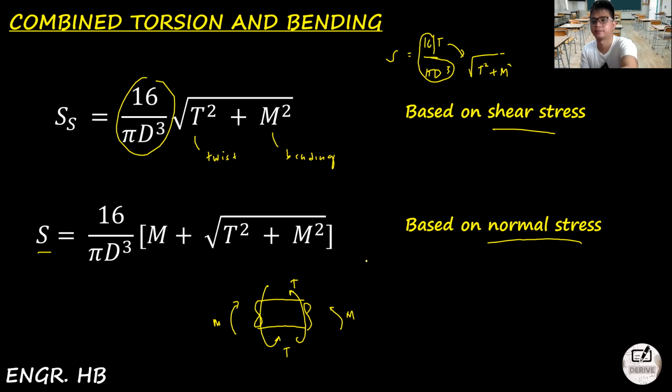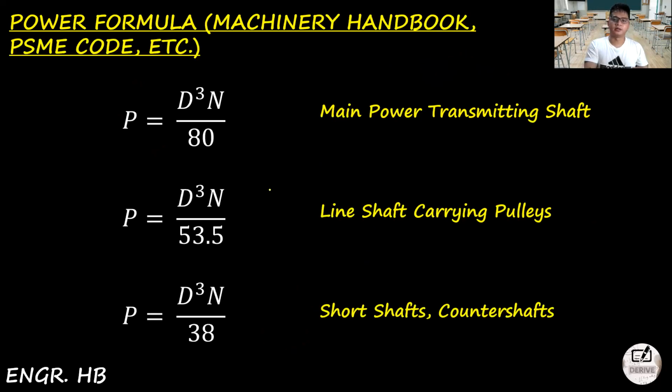So we have here also, under ng shafting, yung power formula, which we are all familiar. So meron tayong tatlong uri ng machinery shaft, which is the main power transmitting shaft, the line shaft carrying pulleys, and the short shafts, or what you so-called counter shafts. So tatlo yan, madali lang naman tandaan.